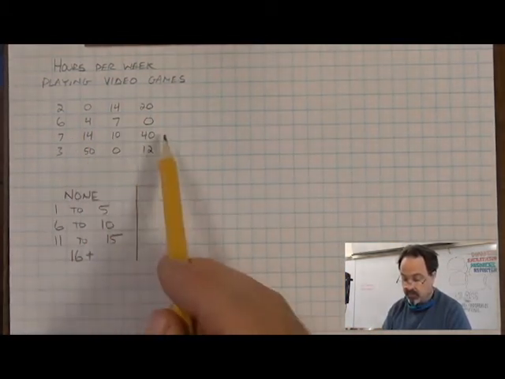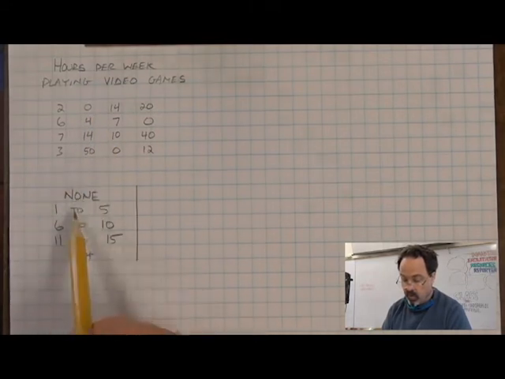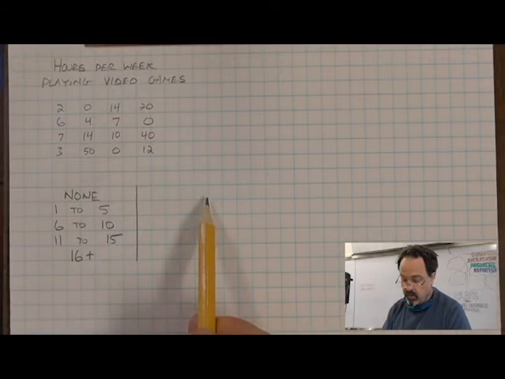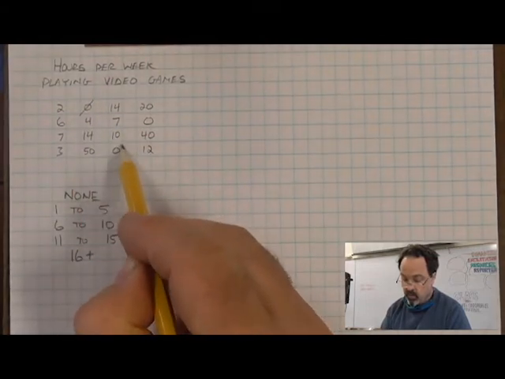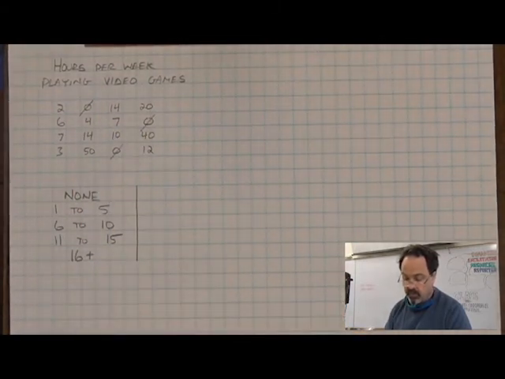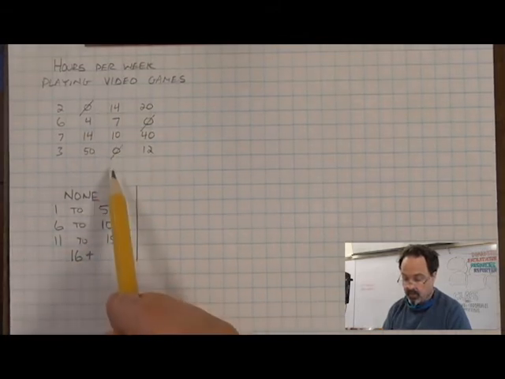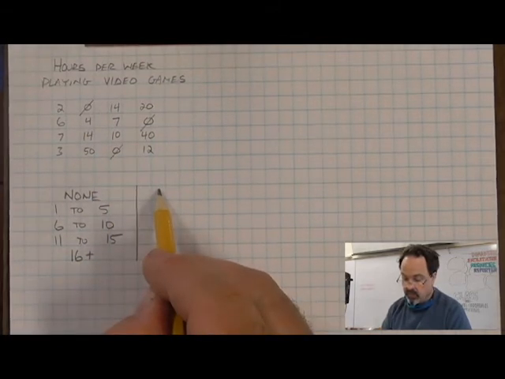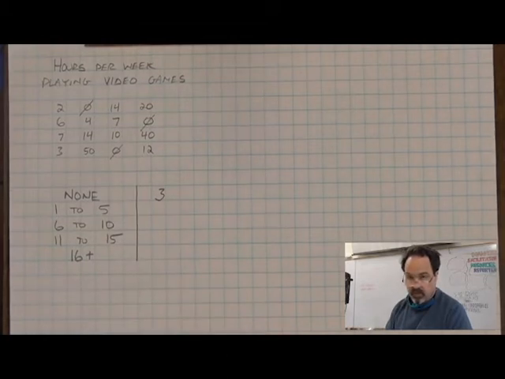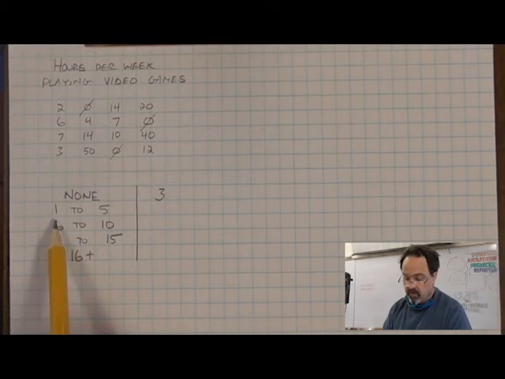I've got to be careful to account for everything, so when I add up the number of people that responded with no hours of video games played, I'm going to cross out those 3 zeros and record that there are 3 people that responded in that category. How many people responded in the category of 1 to 5 hours played?